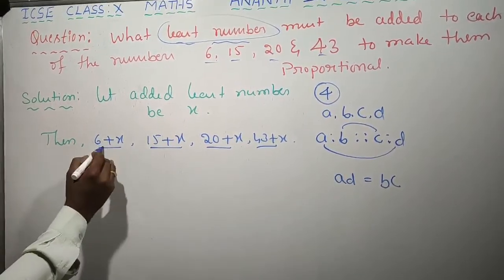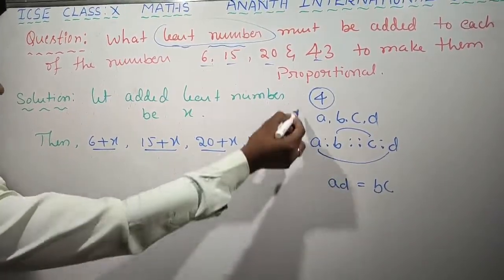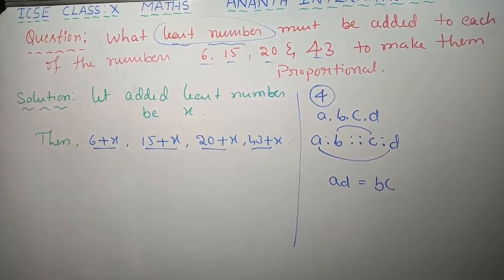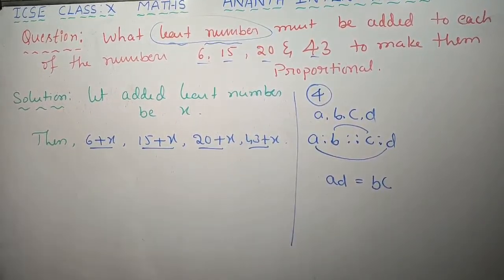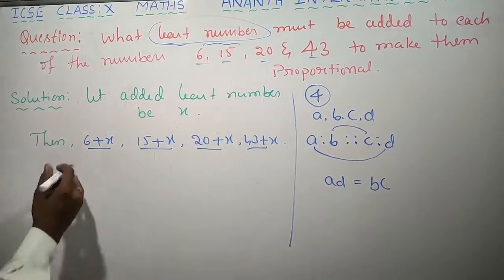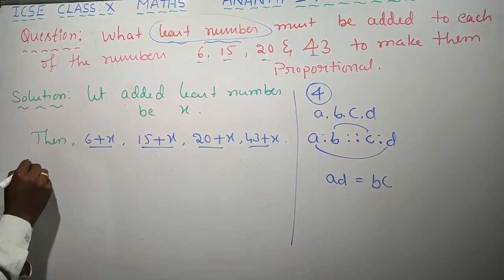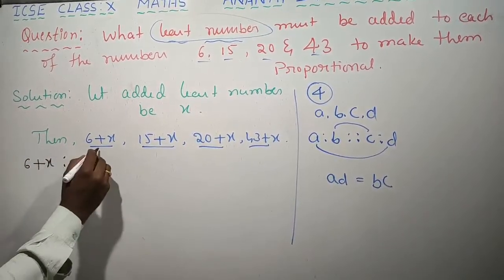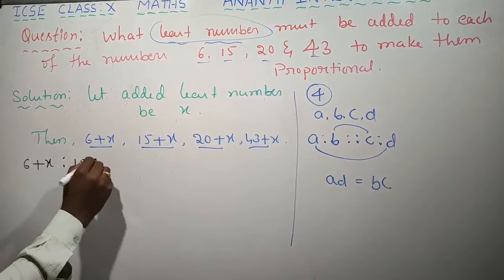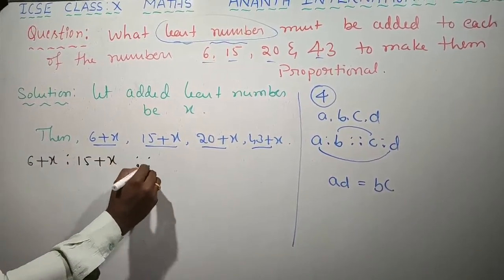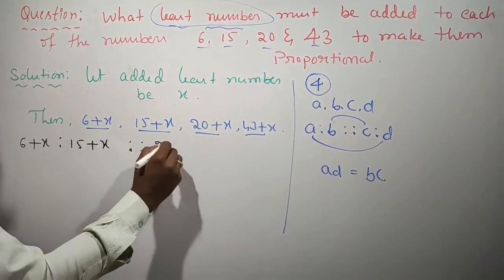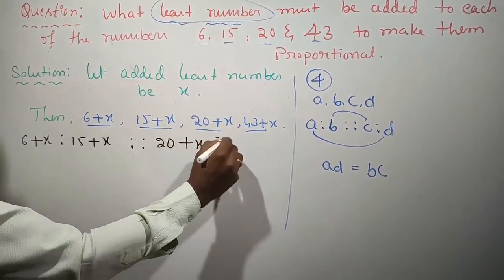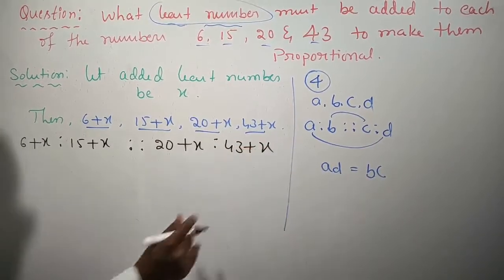How to find? These 4 terms we write down in this method, children. This is the a term, b term, c term, d term. Look here, children. The a term is 6 plus x, is to the b term 15 plus x, as 20 plus x is to 43 plus x, children.